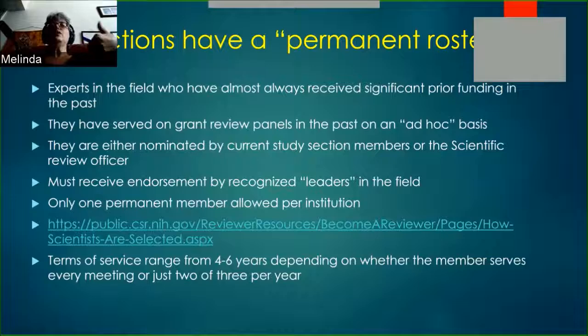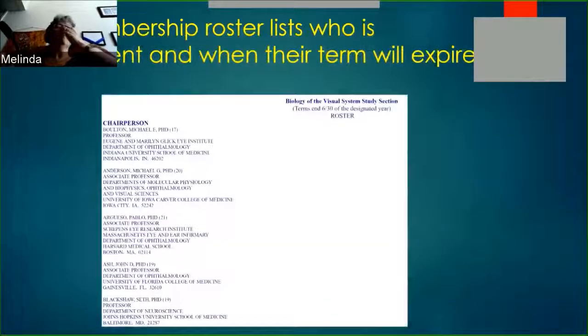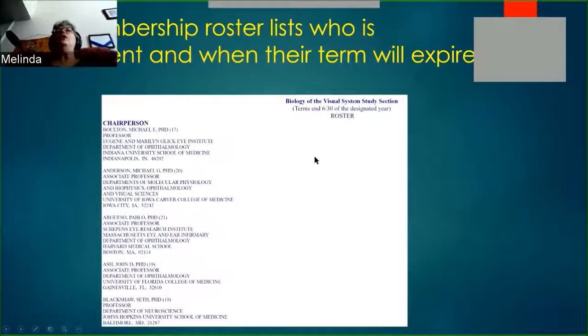This means that there's a lot of continuity on study sections, on who is on study sections. So when you click on the roster, you will get a list of who is on a study section at a particular time.